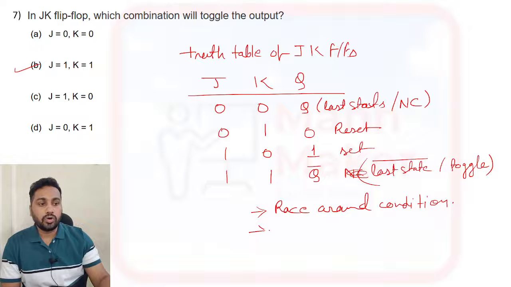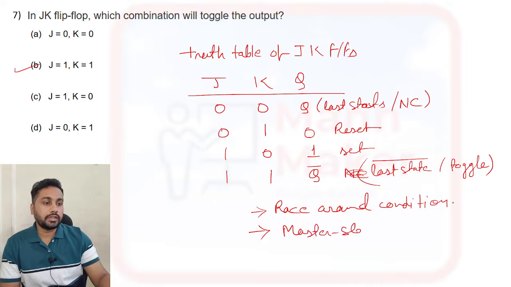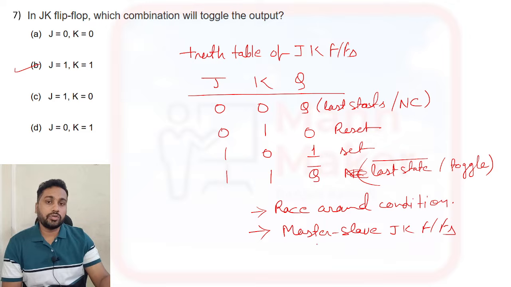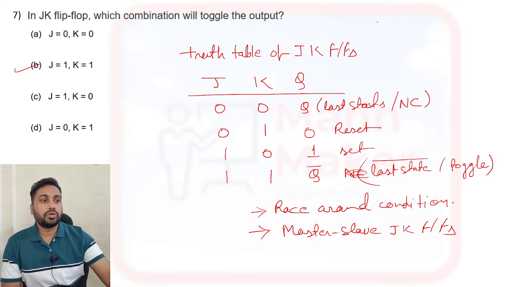And to overcome this race around condition, we use the master slave JK flip-flop. They introduced the master slave JK flip-flop to overcome this problem, race around condition. So you need to remember all these things.